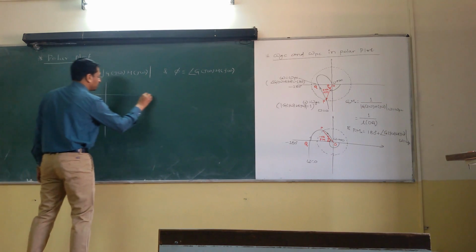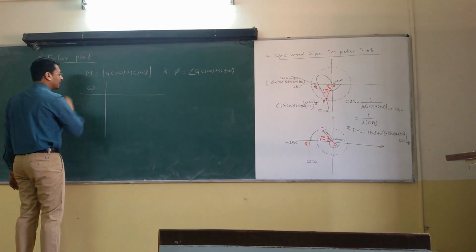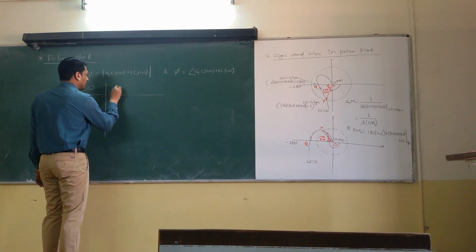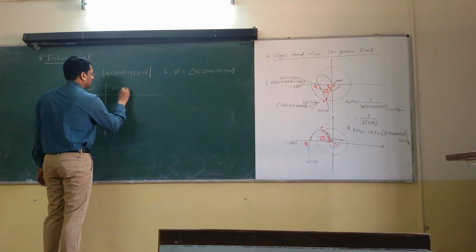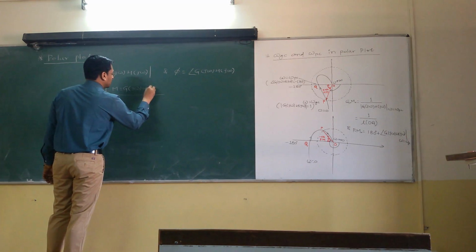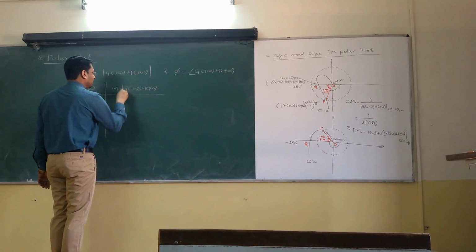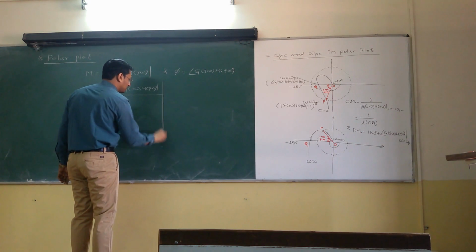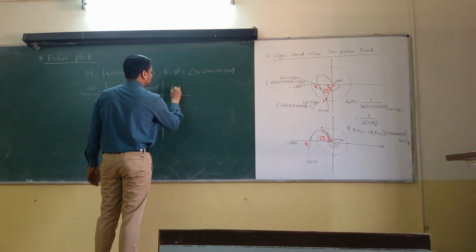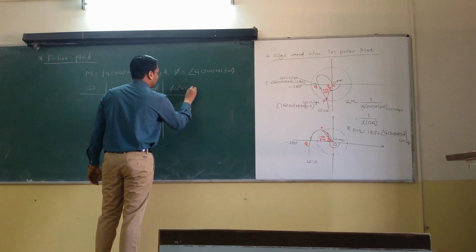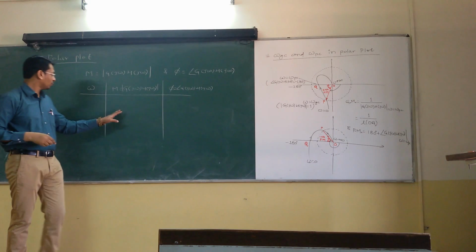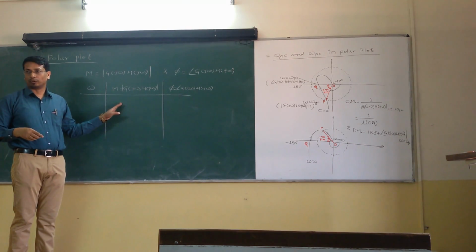The first column is for omega, that is angular frequency in radian per second, then magnitude, mod of G(jω)H(jω), and then the last one is phi, the angle. I have already written G(jω)H(jω). Correct? Okay. So all these things we are going to plot.